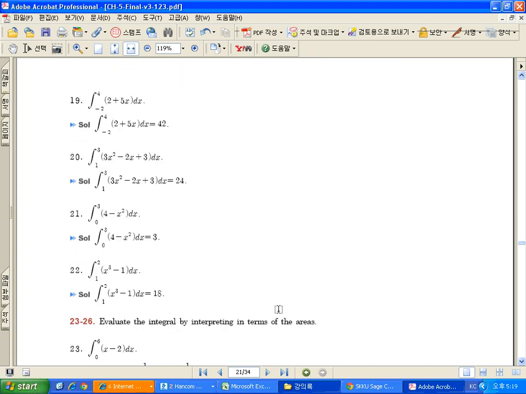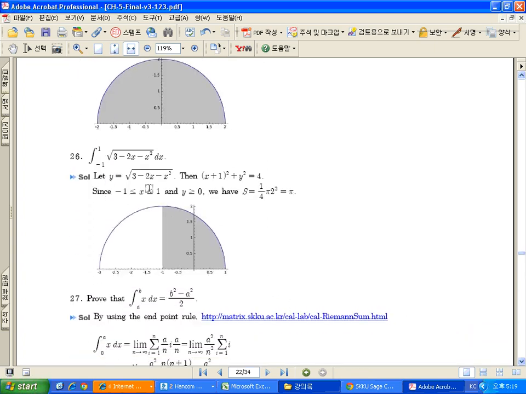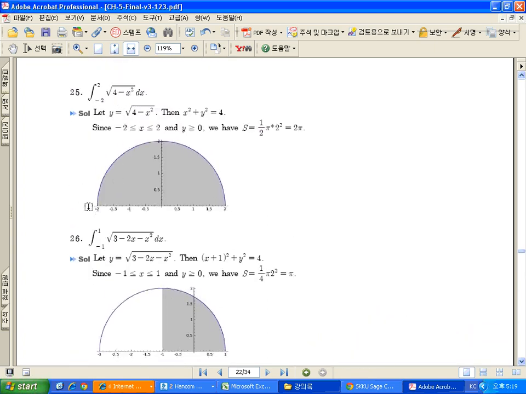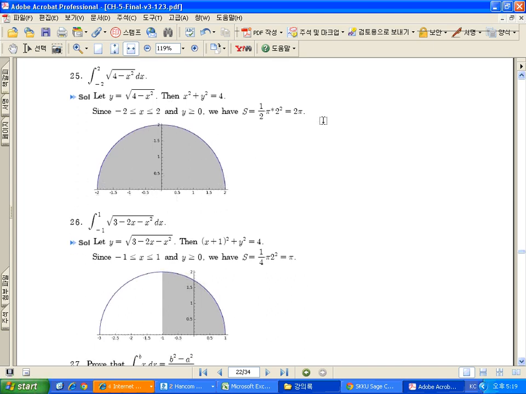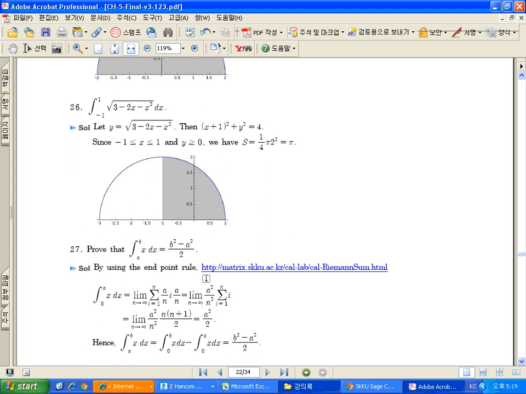To find the area like this, you know the graph is half of a circle, so you can easily find it. And this is the same, you know the circle, and this is a quarter of the circle, so you can find it.